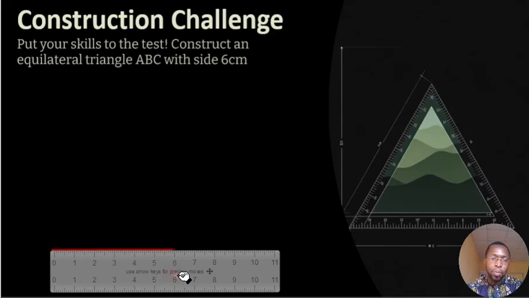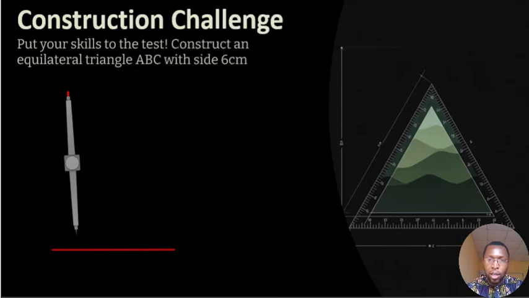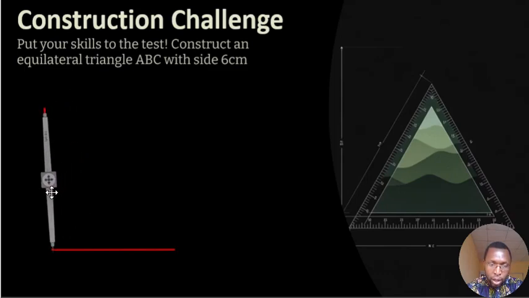Then, very simple, what you need to do again is get your compass. Before you place it, take away your ruler. You've gotten your 6 centimeter measurement. Now use your compass to get 6 centimeters, just the same length.